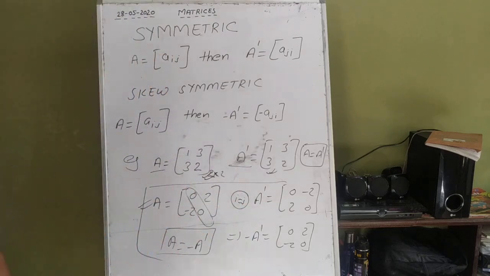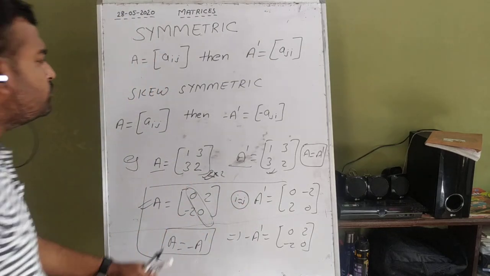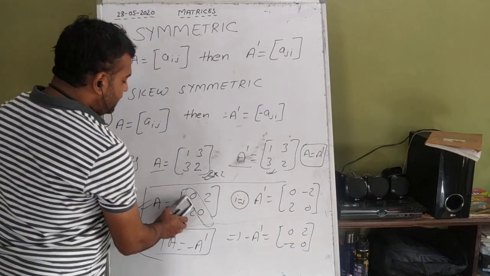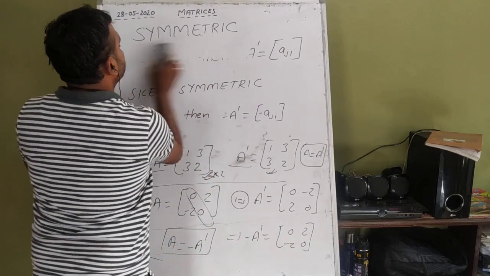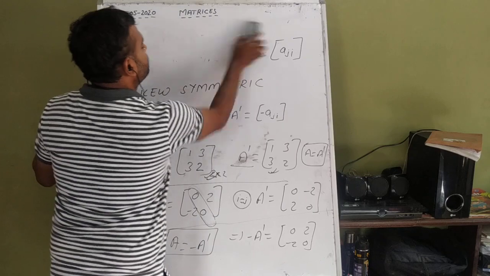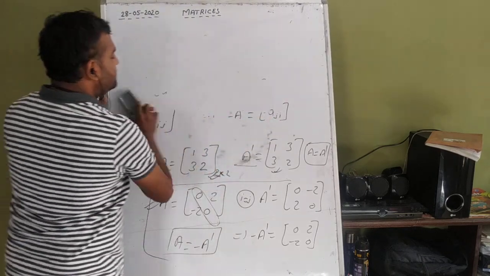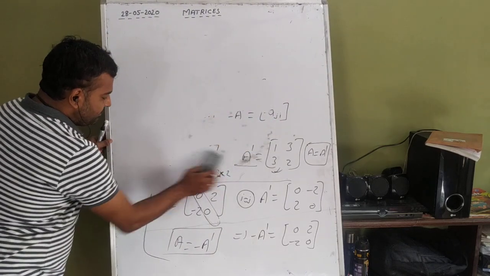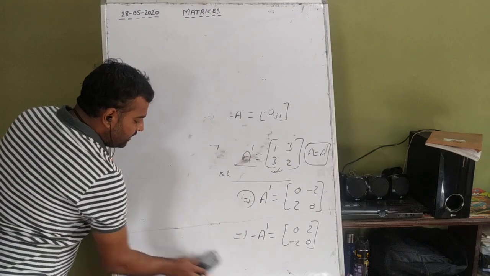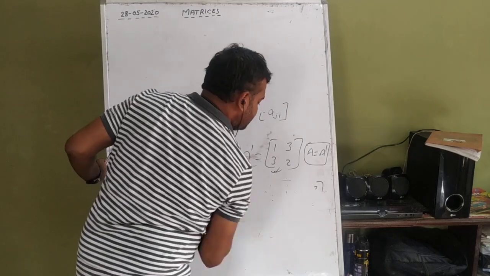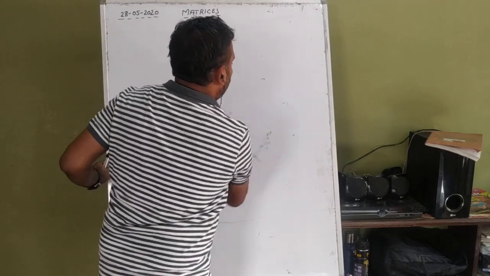Now the next question is ours. We need to prove here that the diagonal elements of a skew symmetric matrix are 0. The next question here arises: prove that the diagonal elements of skew symmetric matrices are 0.